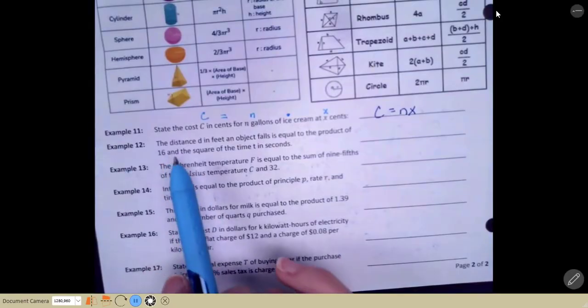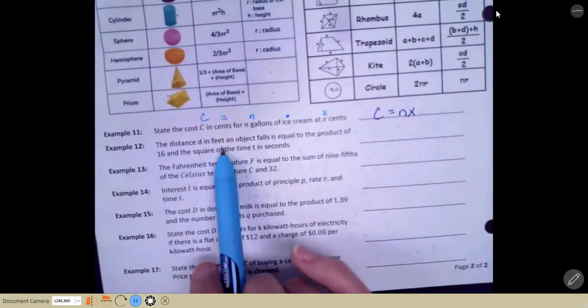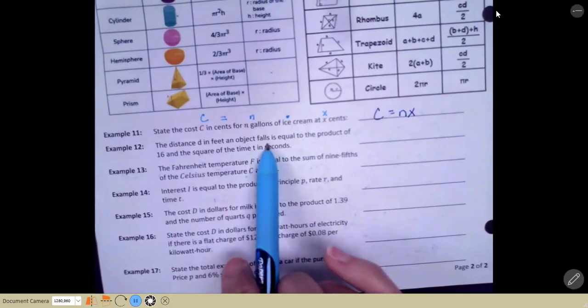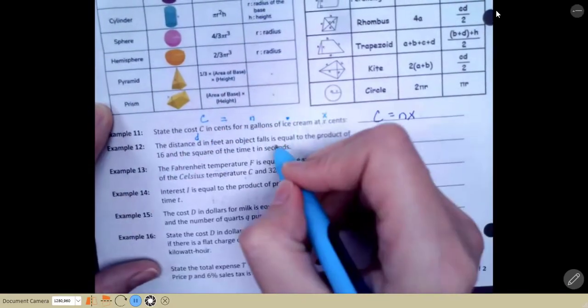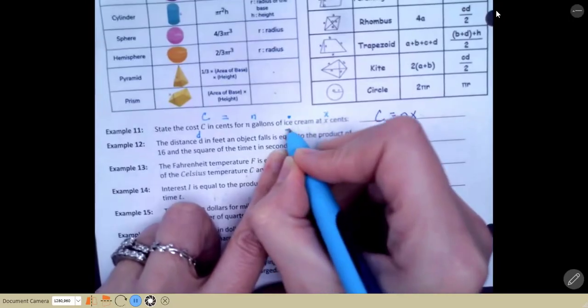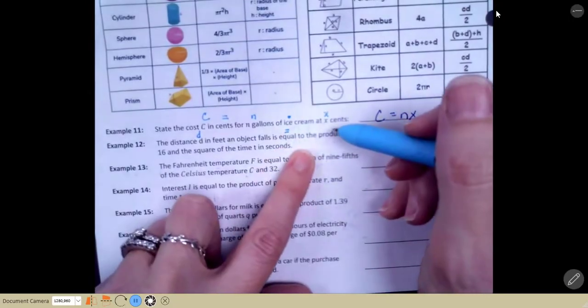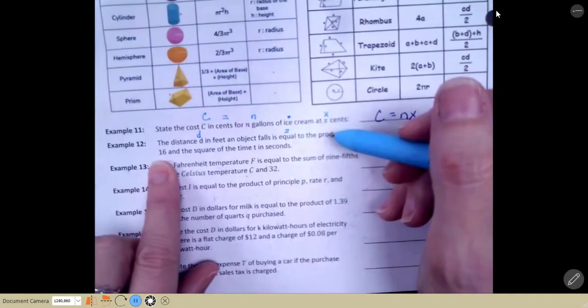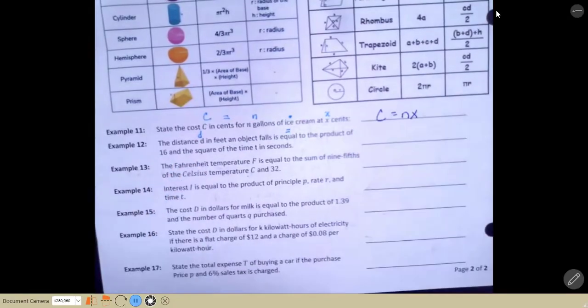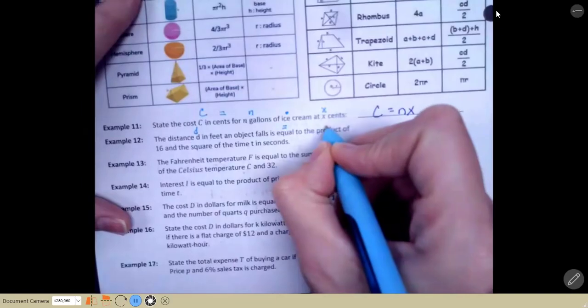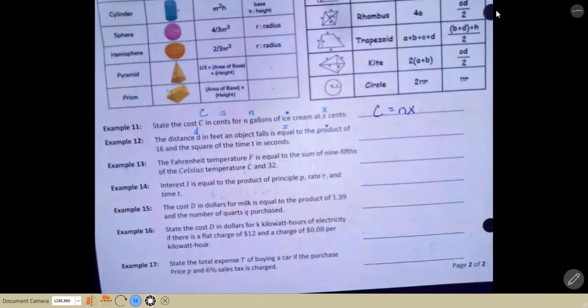Example 12, the distance in feet an object falls, so we have D, is equal to, just put your equal to, the product of 16 and. So if we have the product, we know that product means multiply, right?